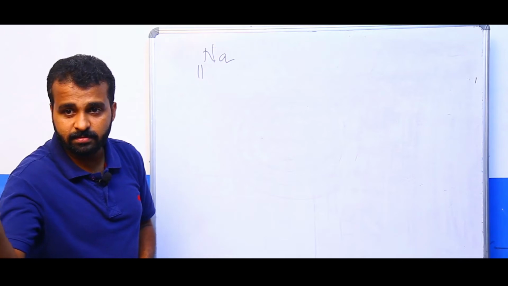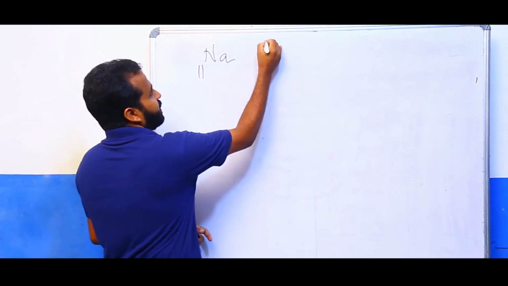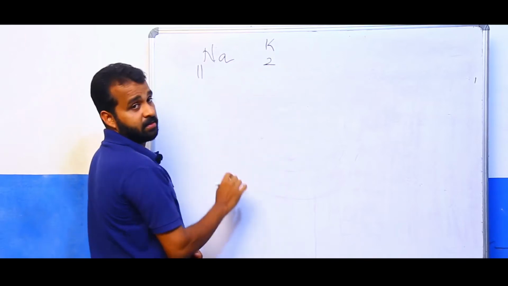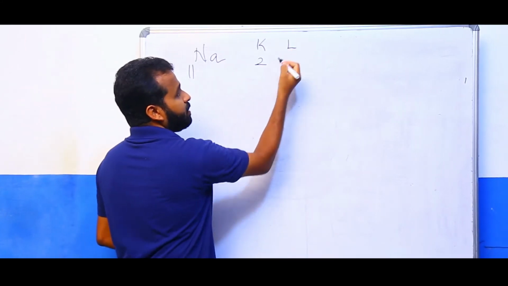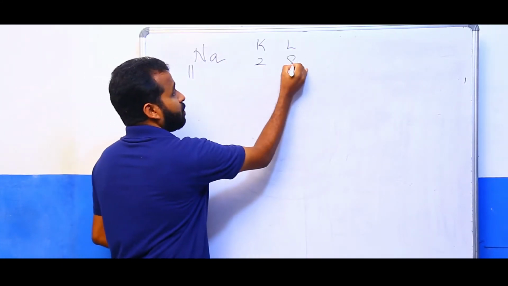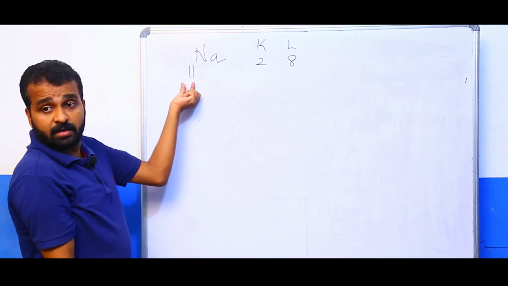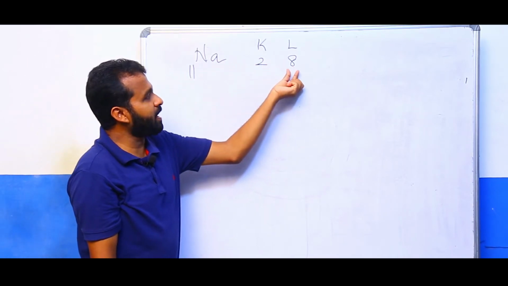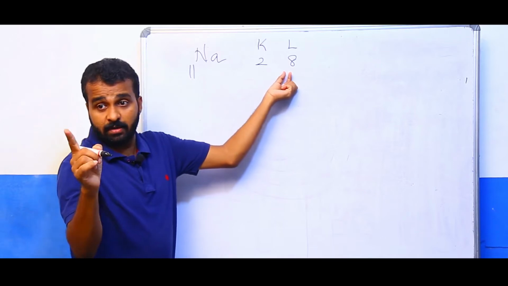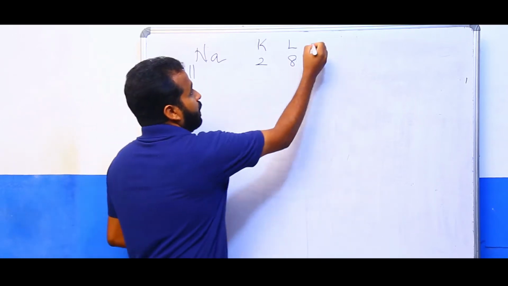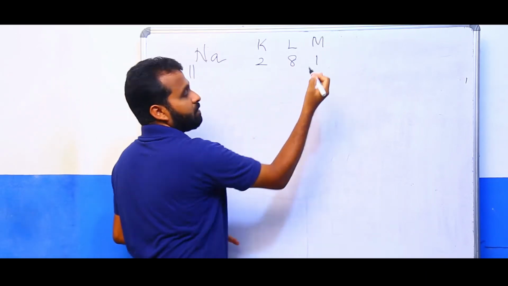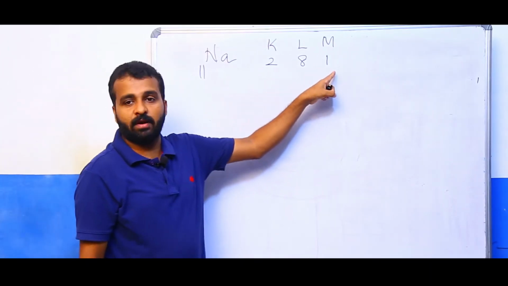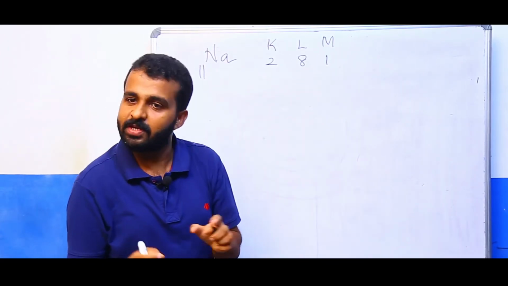K shell has how many electrons? 2. Then the L shell has 8 electrons. We have 11 electrons. 2 plus 8 is 10, so 1 electron remains. So the M shell has 1 electron. The shell electronic configuration of sodium is 2, 8, 1.